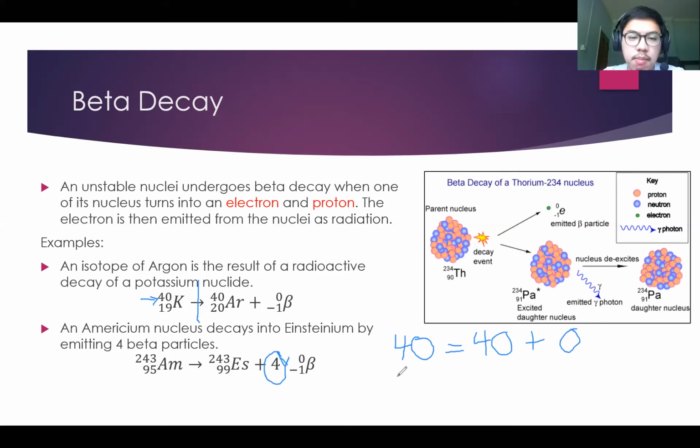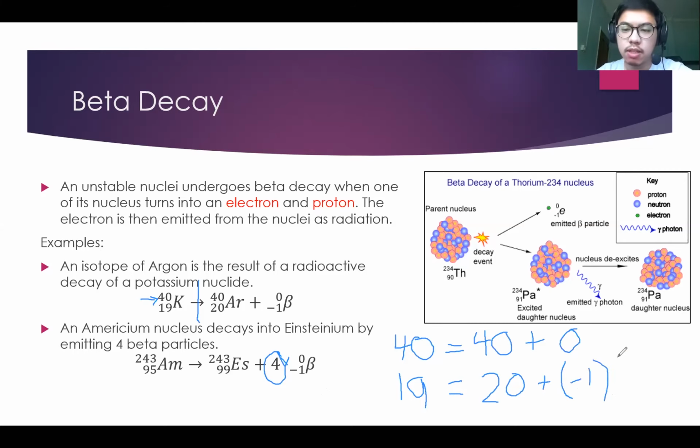Now let's look at the numbers at the bottom, or the atomic number. For potassium, it's 19. And then argon has an atomic number of 20, plus the beta particle, which has an atomic number of -1.